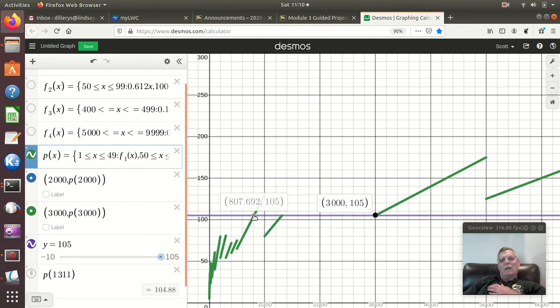Now I could do that same thing here, but I have no need at this point because we're going to go back and do this in a much more algorithmic fashion.